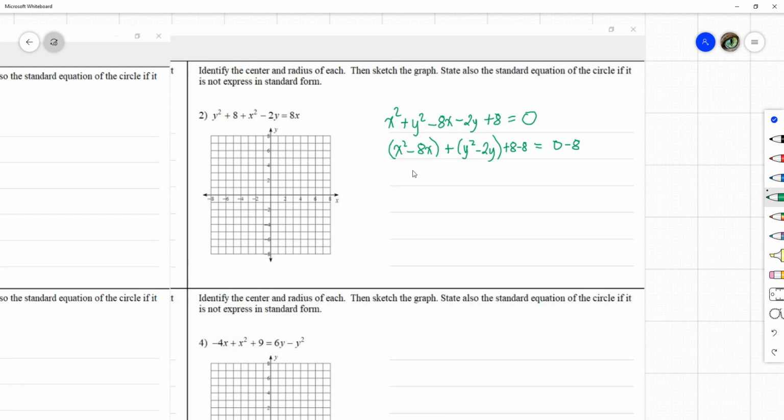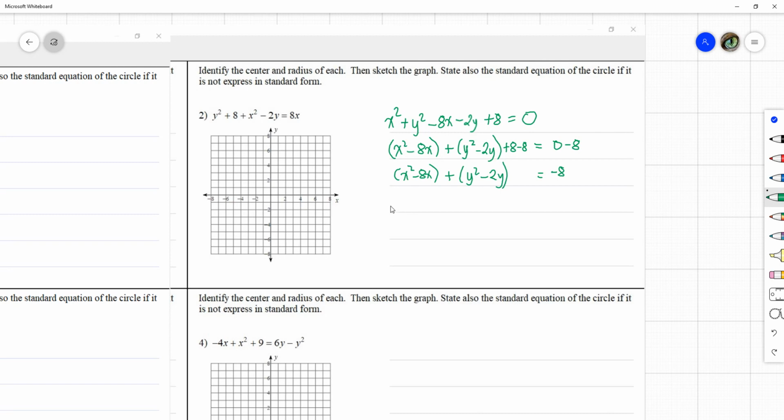So we have the quantity of x squared minus 8x plus the quantity of y squared minus 2y equals negative 8.